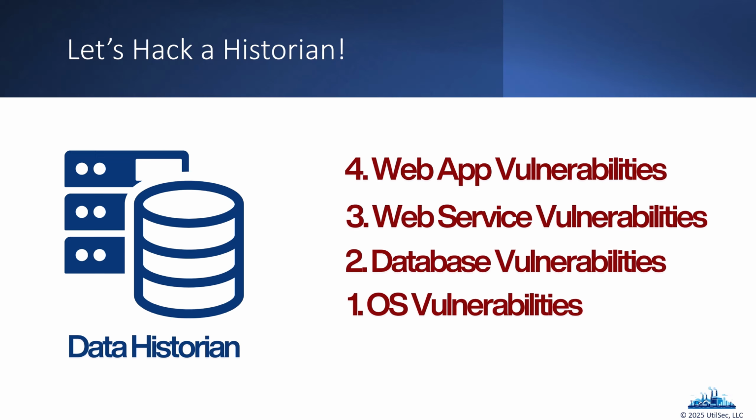But the point is, if you have an asset like a data historian or an HMI that's presenting the interface as a web app, you have to remember there are vulnerabilities in the web app, in the web server the web app runs on, in the operating system that the web service runs on, and if there's a database there, the database has its own vulnerabilities.